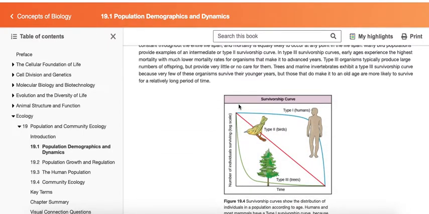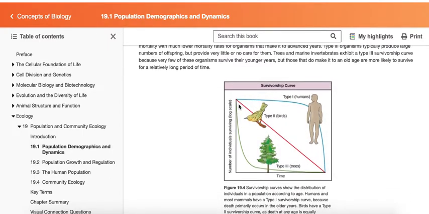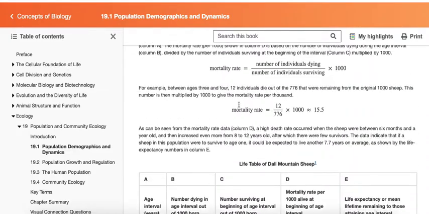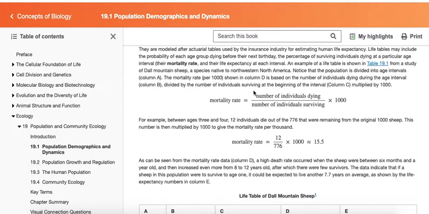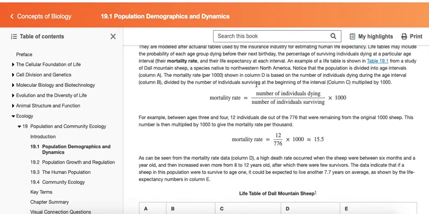survivorship curves. So a survivorship curve, well, I want to go over demography first. I skipped this, and I feel like we already talked about it a little bit, but I'll talk about it again. A mortality rate is to find out how many individuals are dying of a certain species. So you calculate this at any given time.